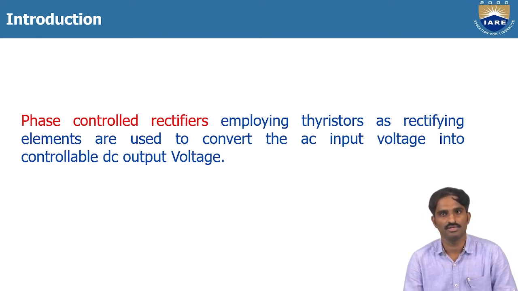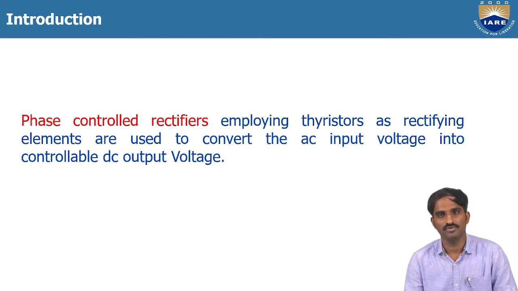In simple words, the function of a rectifier is to convert the AC input voltage into DC output voltage. But the phase controlled rectifier is a controlled rectifier, which means the output should be controllable.